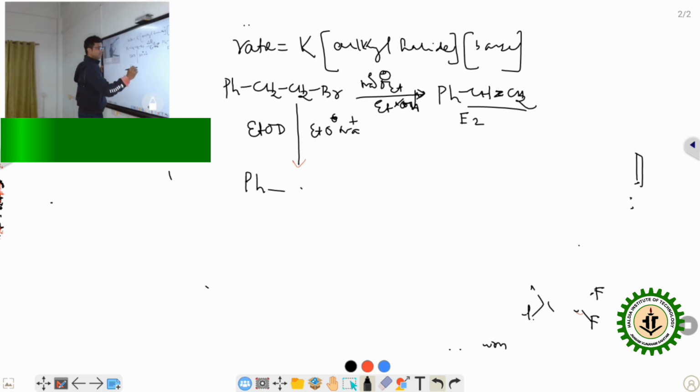the carbanion would be produced from this substrate as in an E1Cb type reaction.